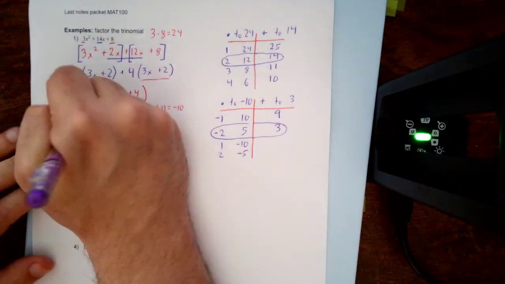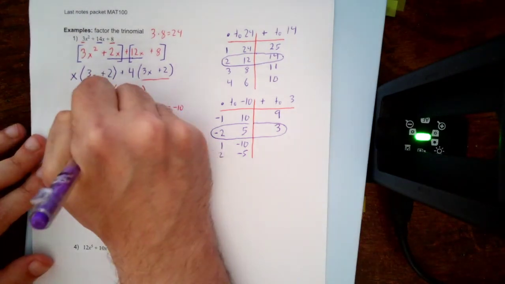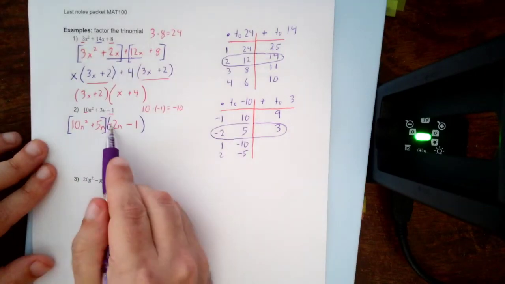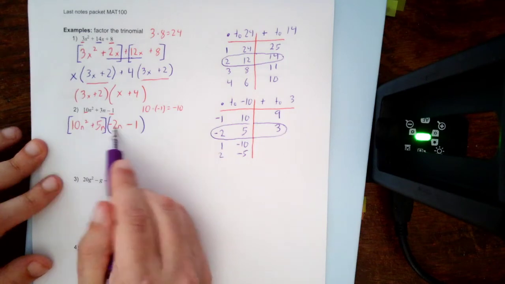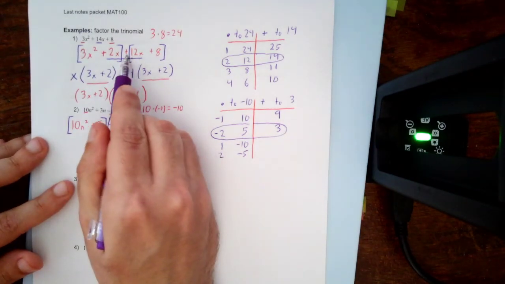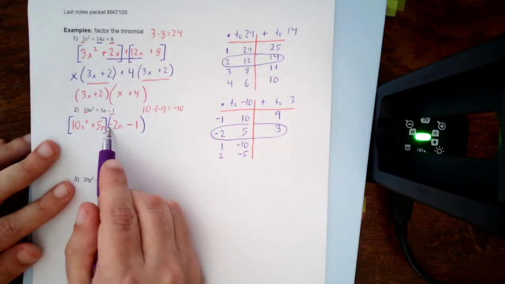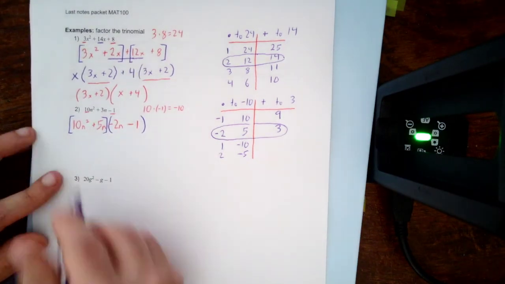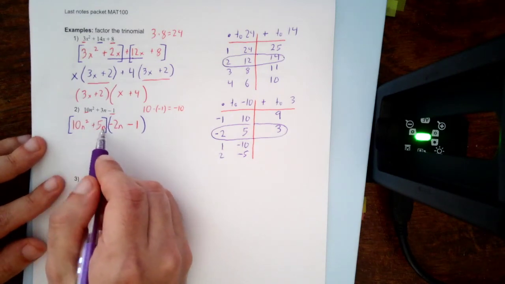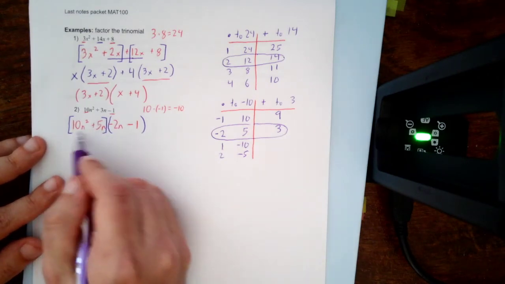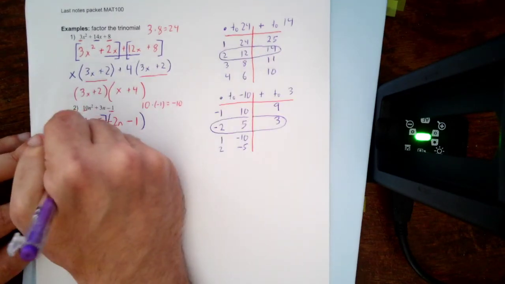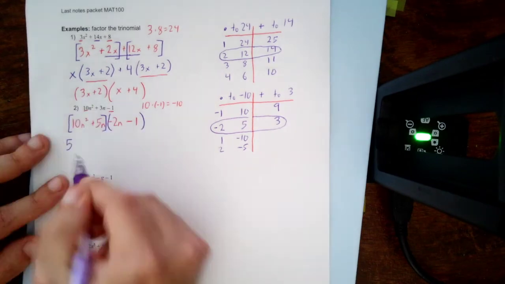Now, I'm going to be looking at my groups here and here. Now be careful of the minus signs, right? You want to include this minus sign. Here it didn't matter, right, because the 12 was positive, but you want to make sure you're considering the minus. In my first group, 10n squared plus 5n. What do these share in common? Well, 10 and 5 both divide by 5, right?